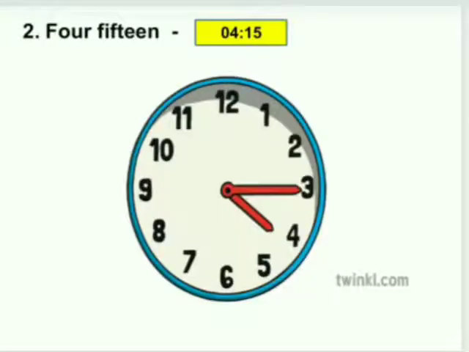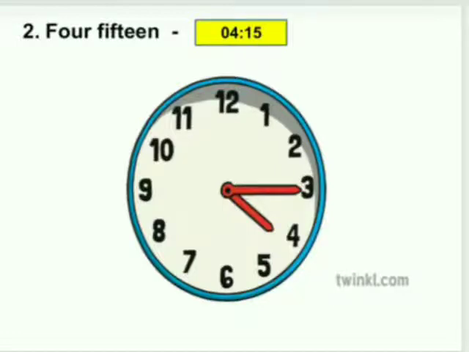Next, you have to show on the clock the time 4:15. That means 4 hours and 15 minutes. So, the hour hand, that is the small hand, will point to number 4. And to show 15 minutes, you have to read the table of 5.